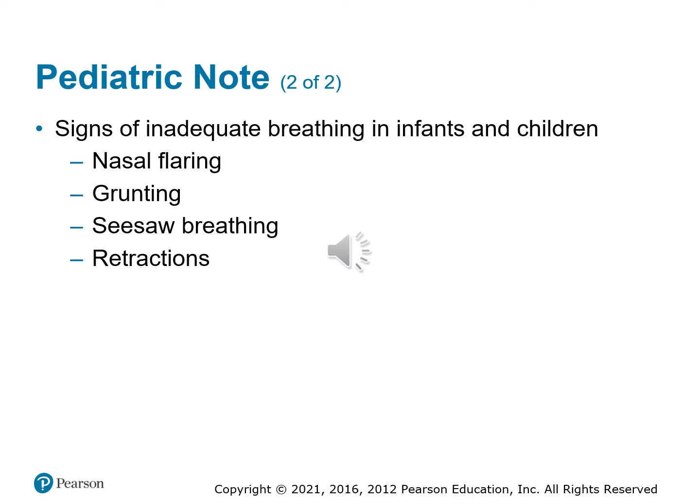Retractions, now we have to be able to remove clothing and anything covering the chest. We want to identify retractions if they are there, because this again is a sign of inadequate breathing. The intercostal muscles between the ribs are going to be activated or contracting with each breath, and you're going to see that extra pull from those intercostal muscles.